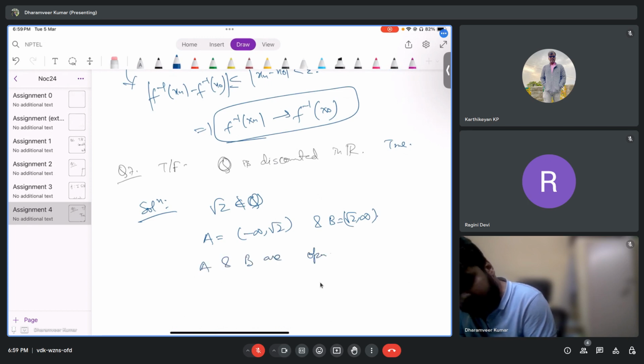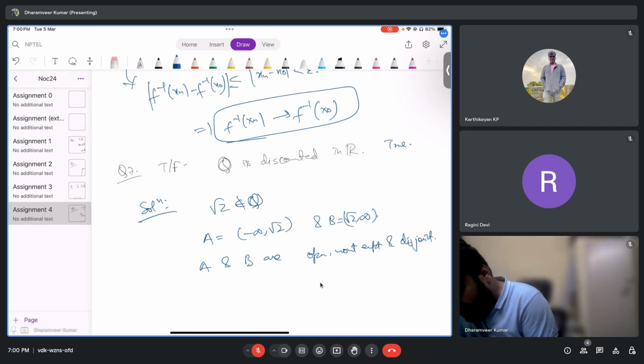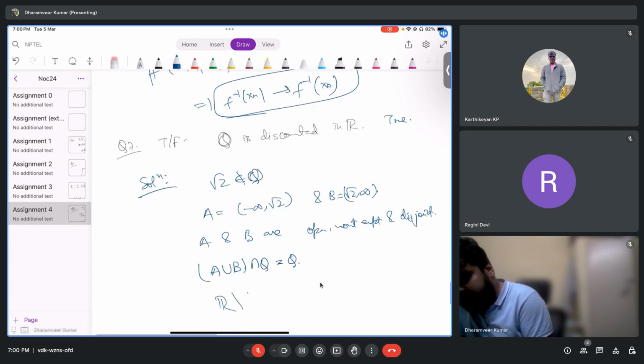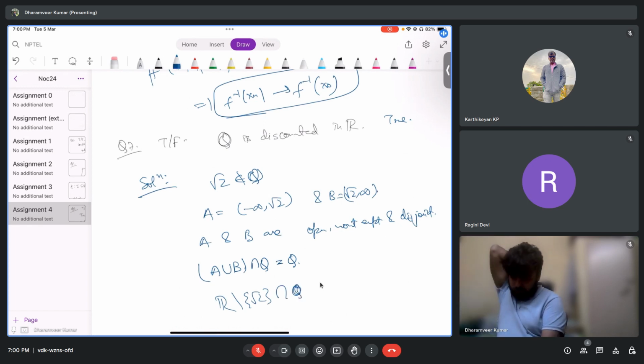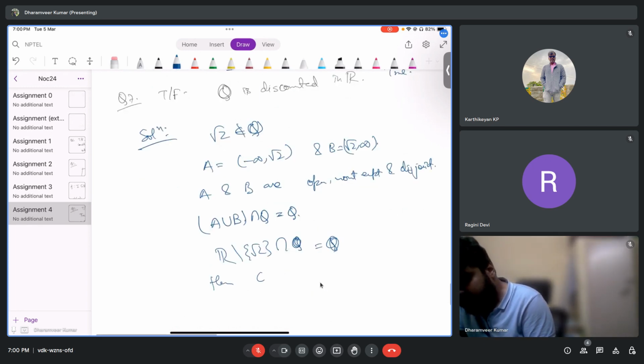Open, non-empty and disjoint, right? They don't intersect. But (A union B) intersection Q is Q only, because A union B is nothing but R minus root 2, and intersection Q. So if you remove root 2 from R and you intersect, you actually get all the rational numbers. So hence Q is disconnected.